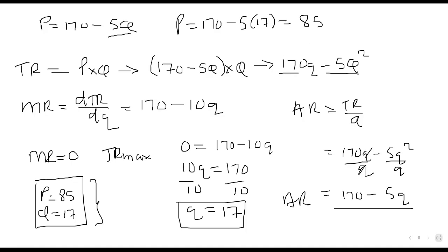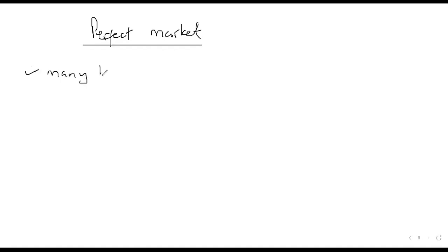So before I go any further, I'll also explain the perfect market that surrounds this kind of computation. So we have markets where buyers and sellers trade. So we have what is called a perfectly competitive market, where there are many buyers and sellers. In this kind of market structure, goods are homogeneous.